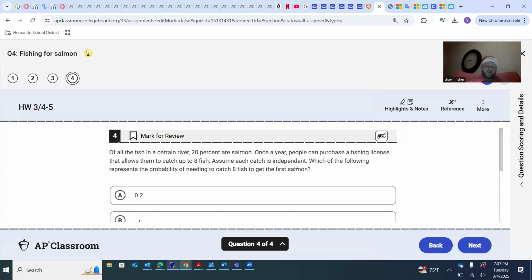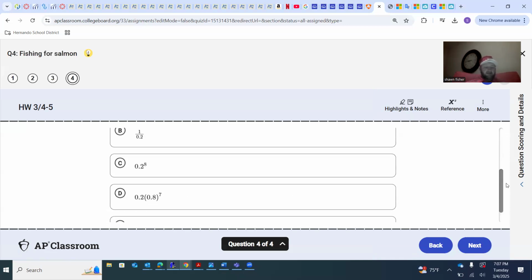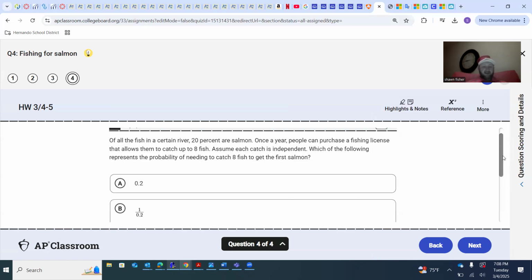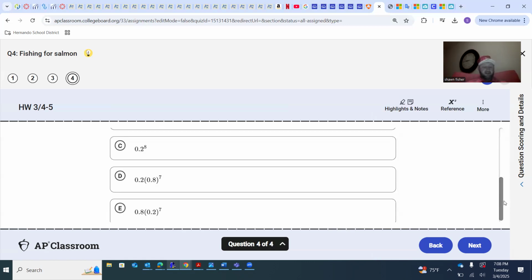So the probability of needing to catch 8 to get the first salmon. So I need to fail how many times? 7, and get 1 correct. Failing, well, 20% is succeeding, 80% is failing, right?